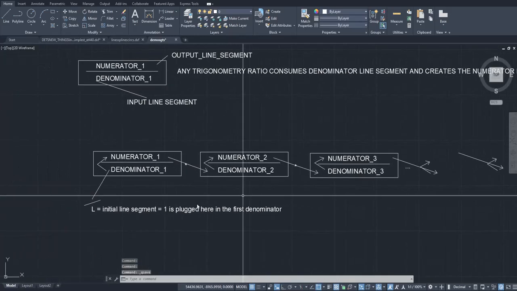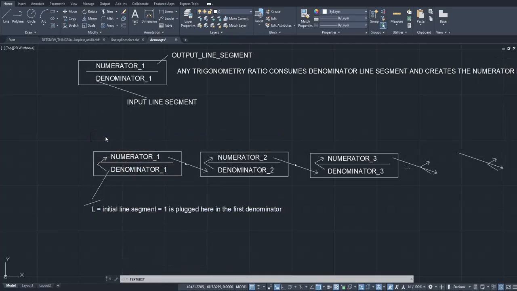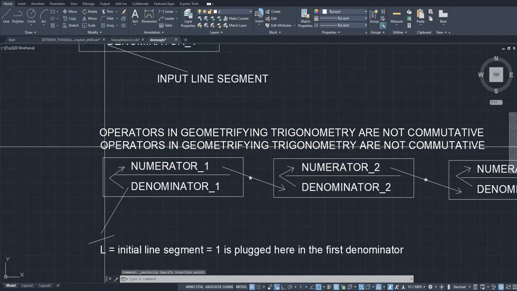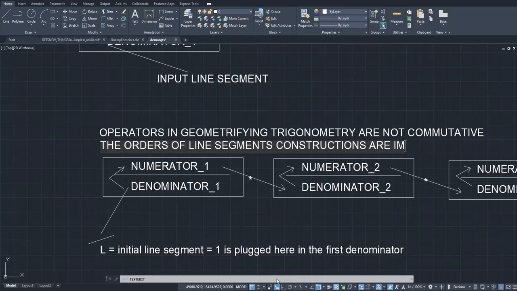The denominators consume the previous numerator, so the operators in geometry are not commutative, because the order of consumption, the order of line segment constructions, is important.